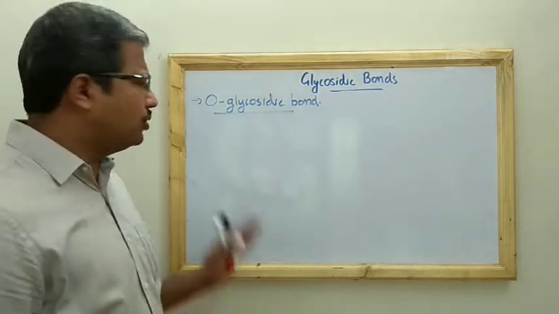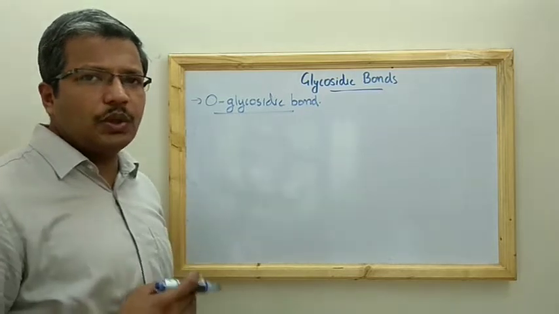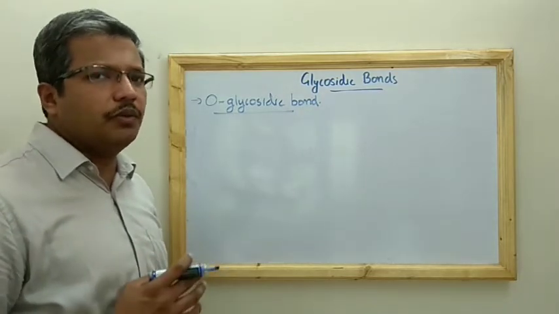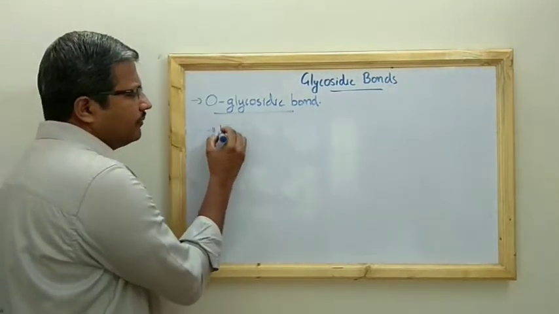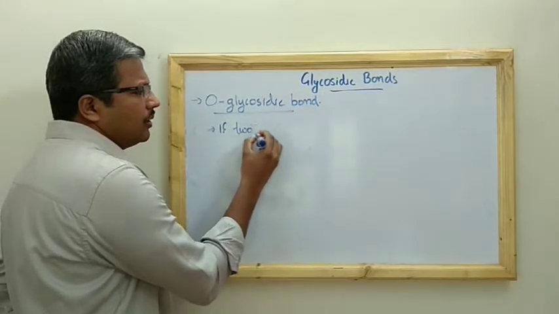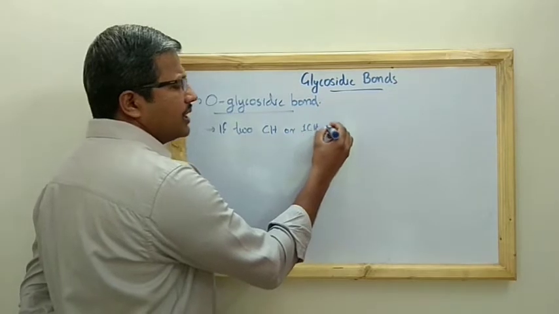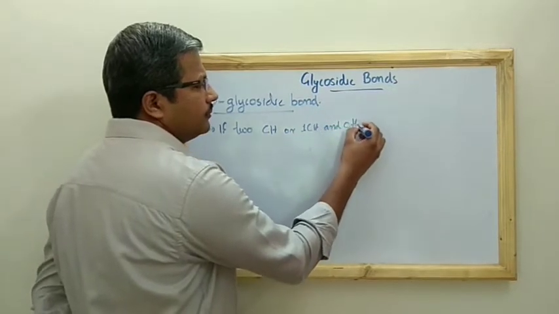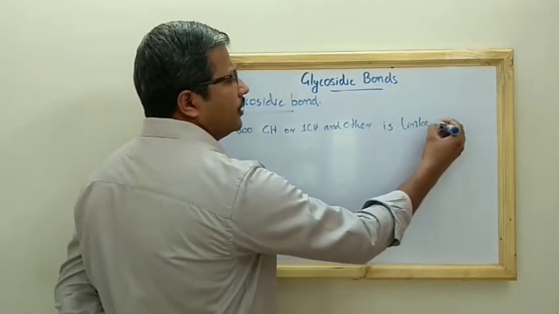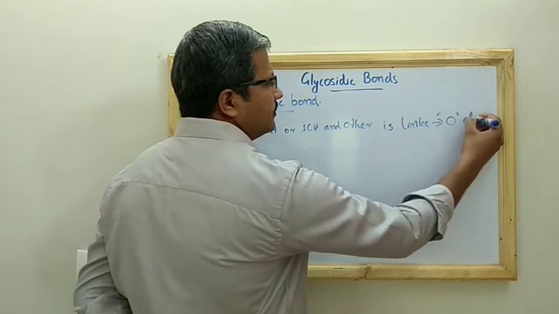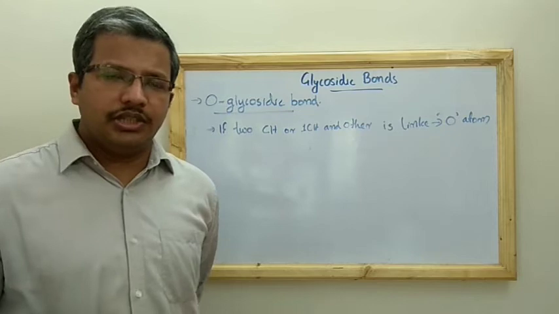The O glycosidic bond is defined as, in the previous case as I told you, the oxygen atom of the hydroxyl group being involved. If two carbohydrate molecules, or one carbohydrate and another molecule, are linked through an oxygen atom, it will be known as the O glycosidic bond.